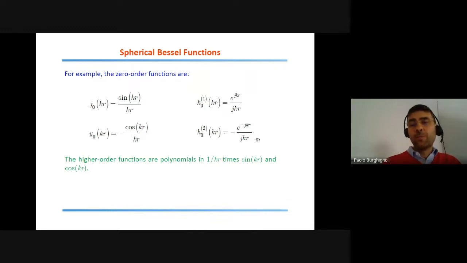So the form is quite simple, and if you go to higher orders, you will discover that spherical Bessel functions are polynomials in the reciprocal of kr multiplied by trigonometric functions, so either sine or cosine with argument kr.